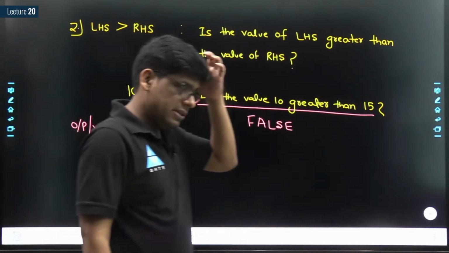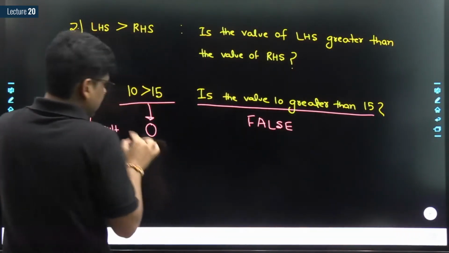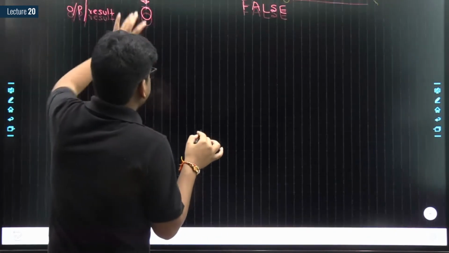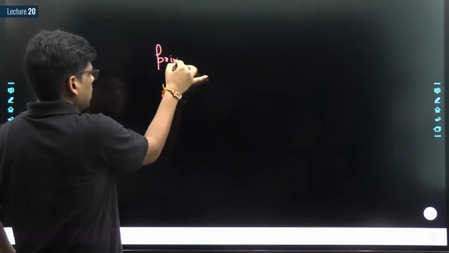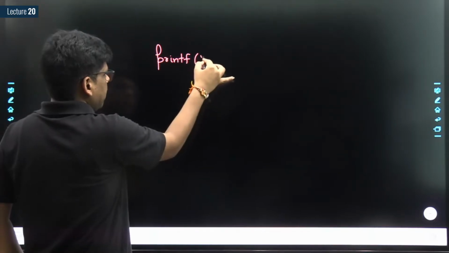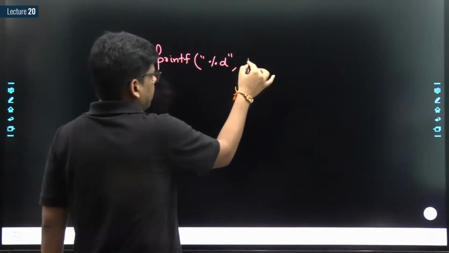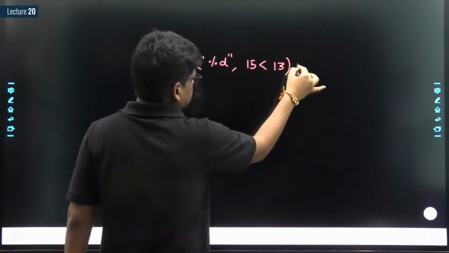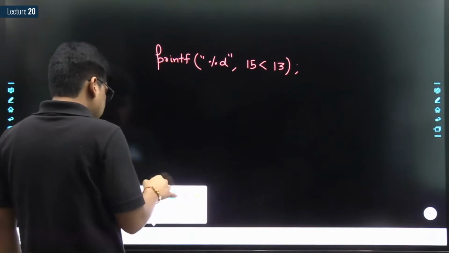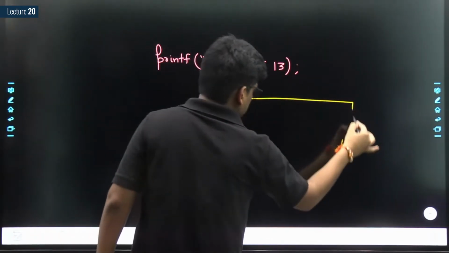Try to understand this. That means, sir, if I ask you printf percentage d 15 less than 13, what happened? See, what is the task of printf?